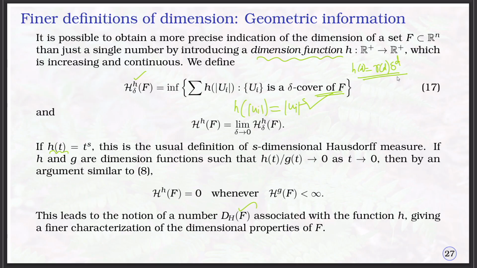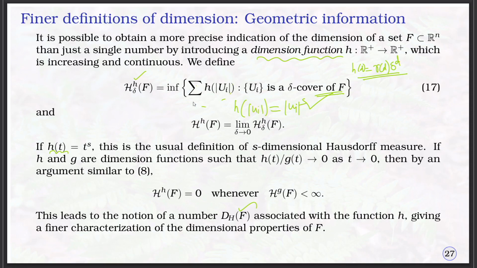Here the test function we can call the dimension function. It is a function from R plus to R plus. Here again the U_i we are taking as an arbitrary set, not a spherical ball, anything. It is an arbitrary delta cover.